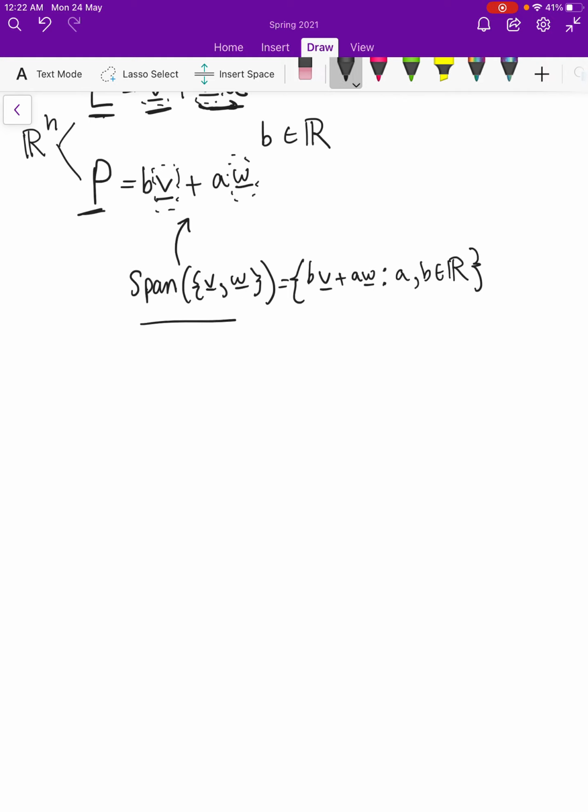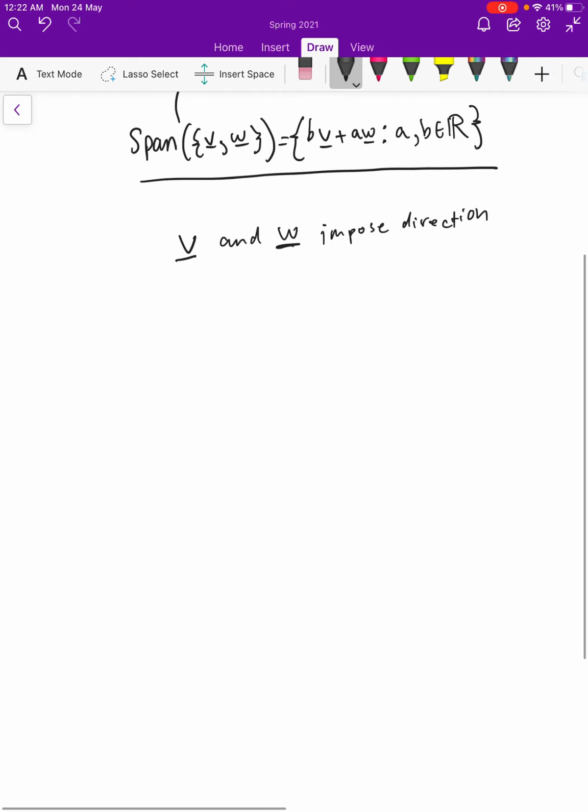Now this is a basic plane. I want you to remember that in here, the vector v and the vector w impose direction. It's almost like a Cartesian plane of its own, a plot. So if you had a Cartesian plane over here, we're going to use this to show the vectors.